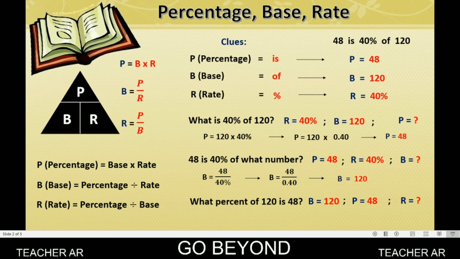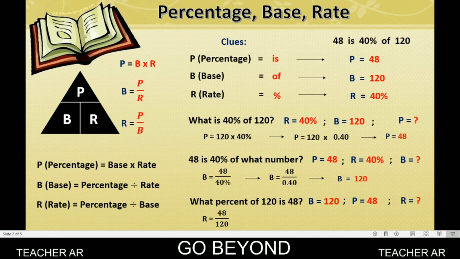Okay, so the formula in getting the rate is, let's go back to the triangle. The formula in getting the rate is percentage over base. So substitute the given. Percentage is 48 over base 120. So our rate is 48 divided by 120. So divide it now.